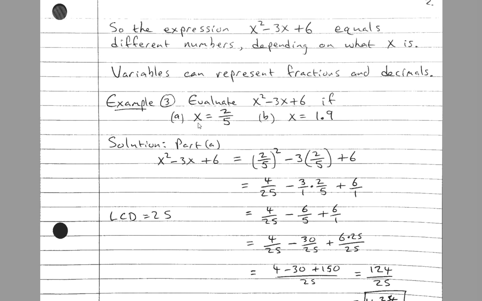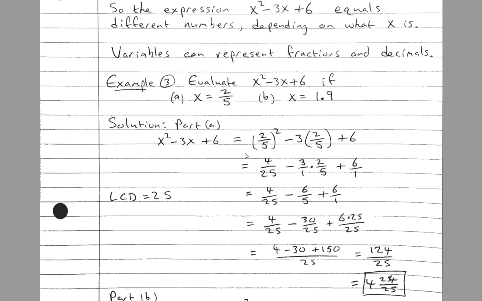All right, so here part A, x is 2/5. So every x gets replaced by 2/5 in parentheses. So it's 2/5 squared minus 3 times 2/5 plus 6.